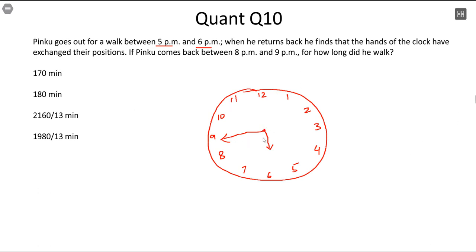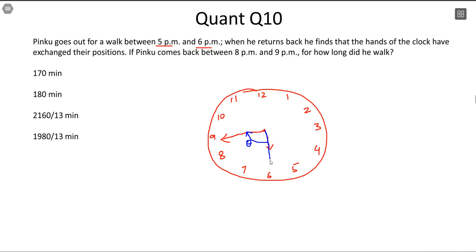Now see what has happened in the period that Pinku was out. The hour hand has traveled this distance. Our hand has traveled this distance theta, and the minute hand would have traveled whatever distance. Let me not represent it that way.